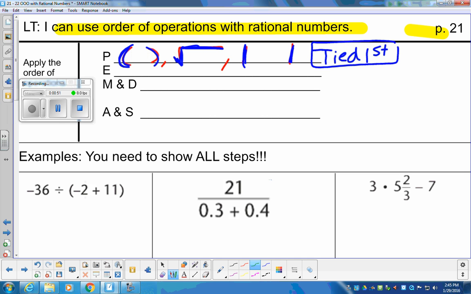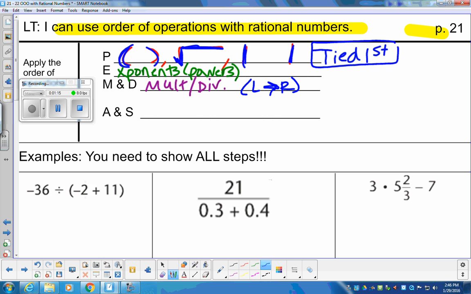After that, we then have the exponents. Remember that exponents are just like powers. You're used to doing that, powers. Exponents are powers. And then after the exponents, we're going to do multiplication and division. Multiplication, division are tied. We work them from left to right.